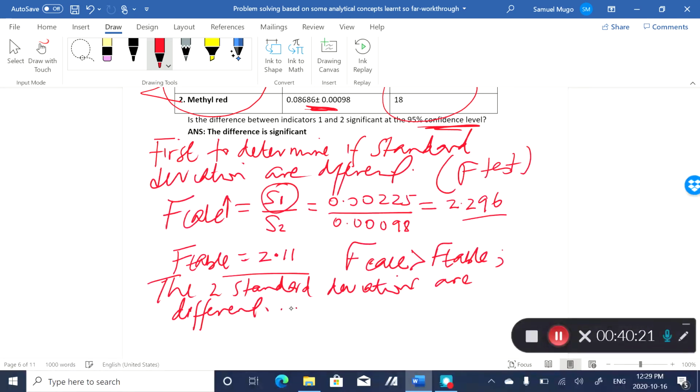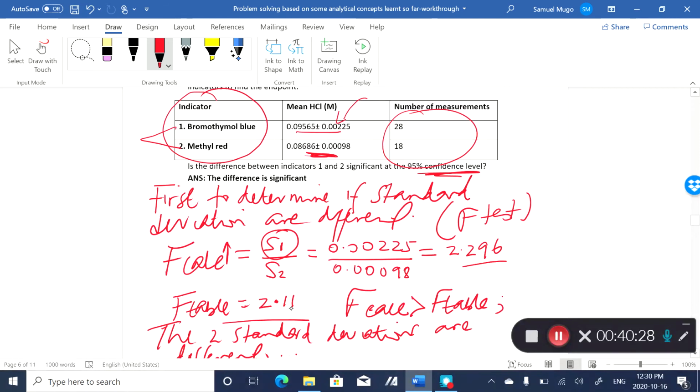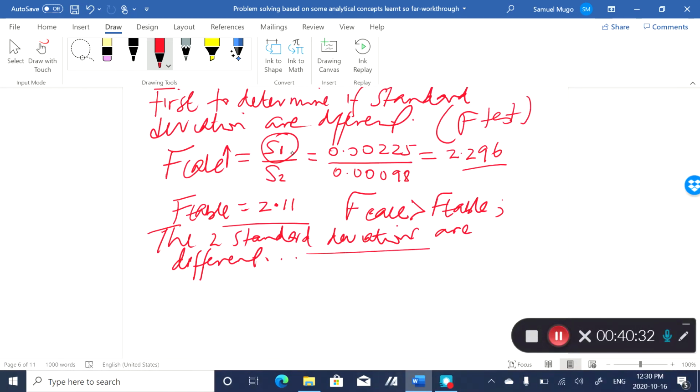So meaning you'll be forced to use a different type of calculation to determine if these means are different, because the standard deviations are different. This means we cannot pool the standard deviations.